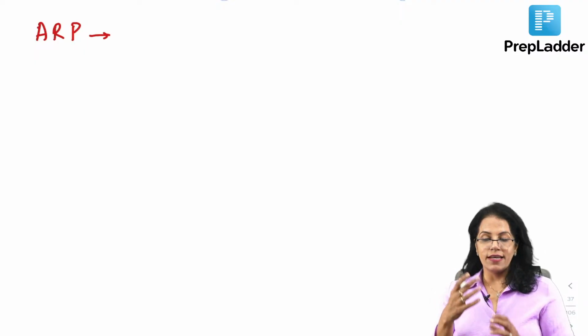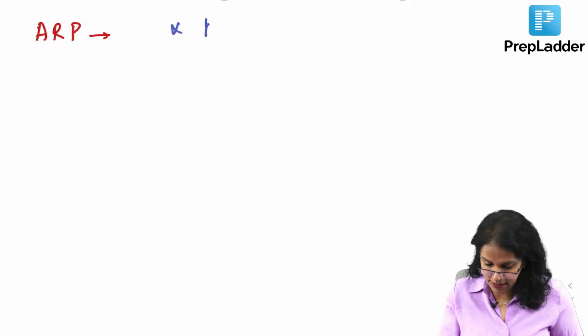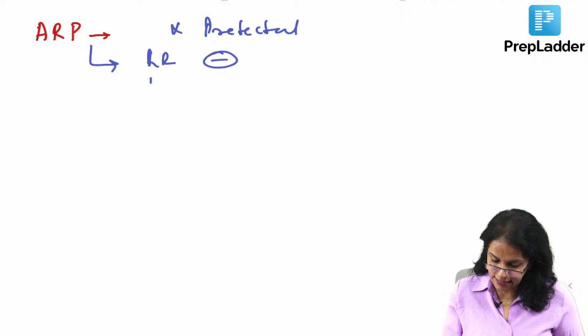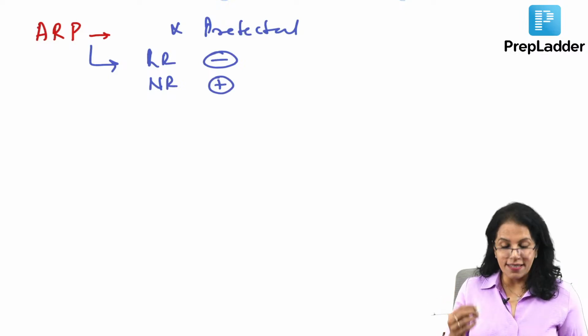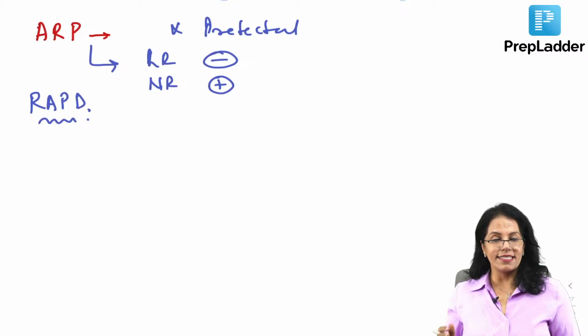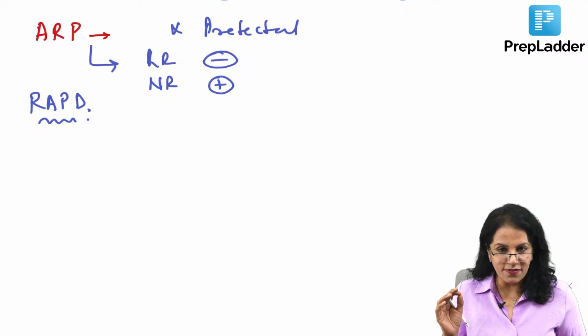We will quickly revise what is Argyll-Robertson. Here the lesion is in the pretectal nucleus, and we all know that light reflex is absent and near reflex is present. Then what is the third abnormal pupillary reaction? Of course, we know relative afferent pupillary defect, isn't it? Which is diagnosed by swinging flashlight test. It is a first sign of optic nerve disease.